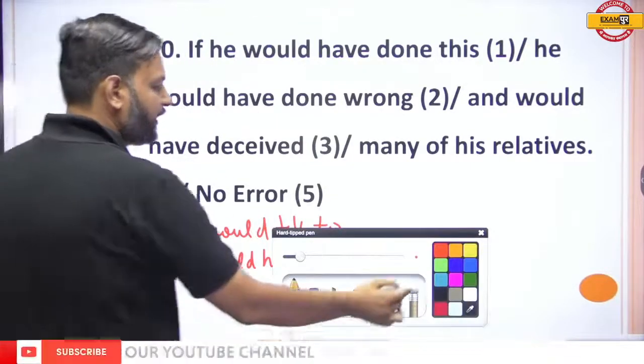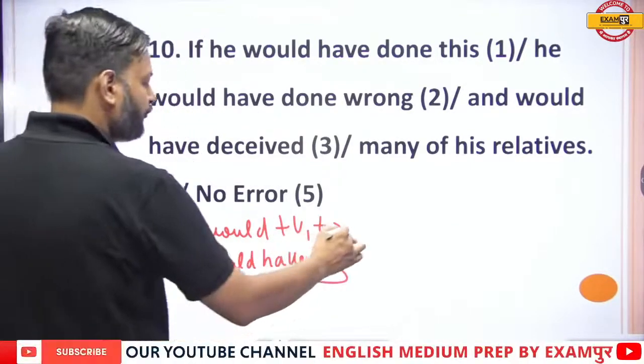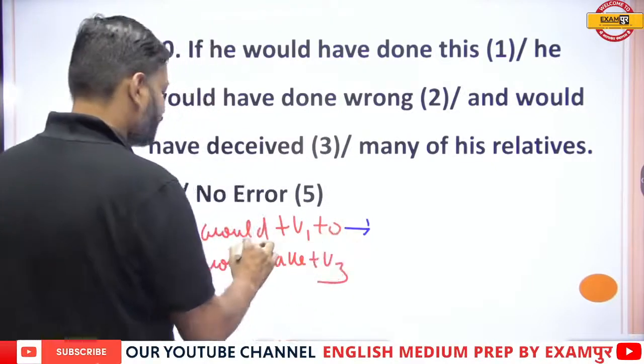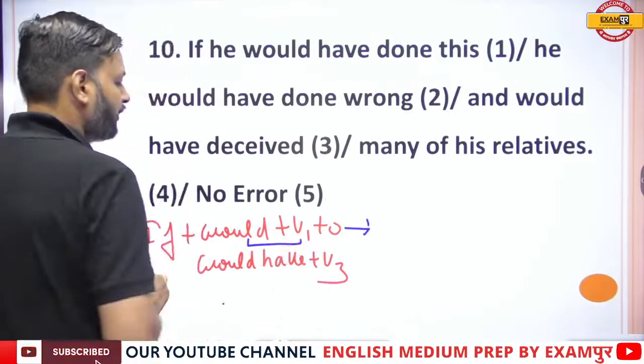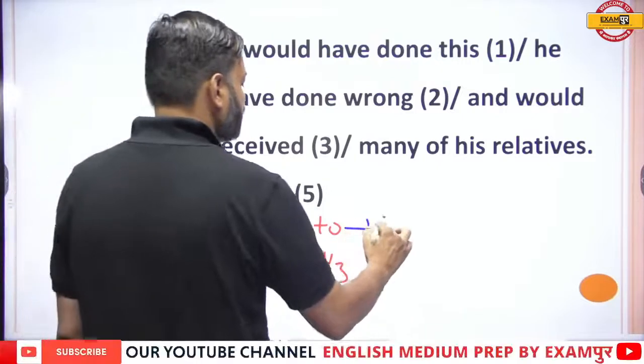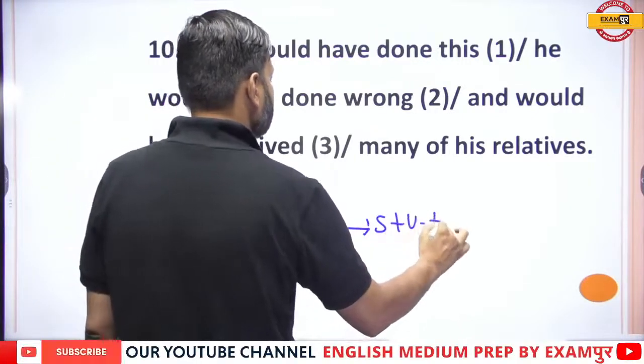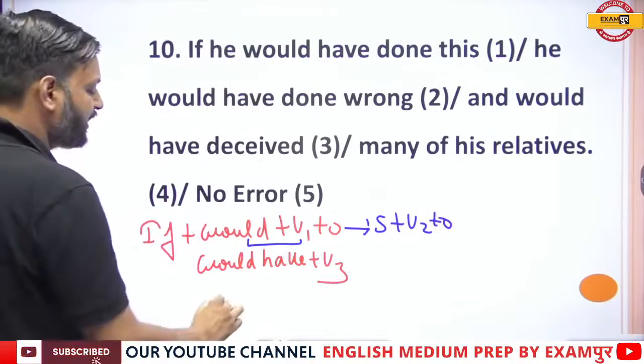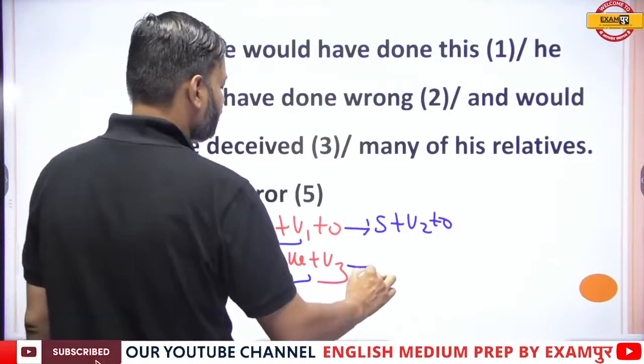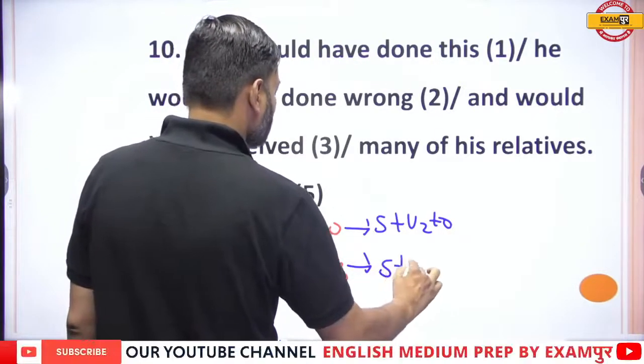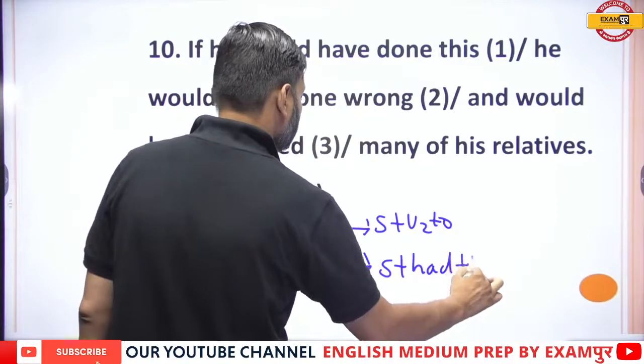If there is would plus first form in the if clause, you have to change it into past indefinite. And if there is would have plus third form in the if clause, you have to change it into past perfect.